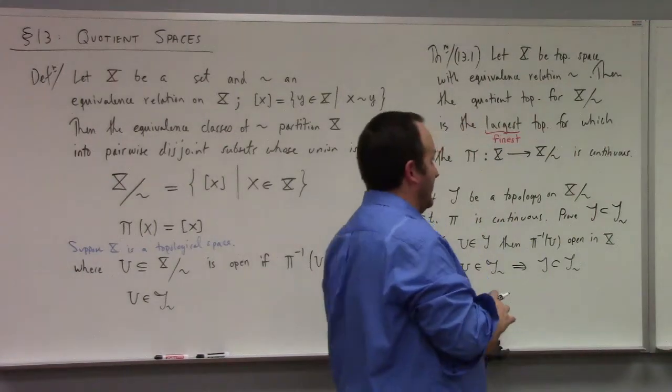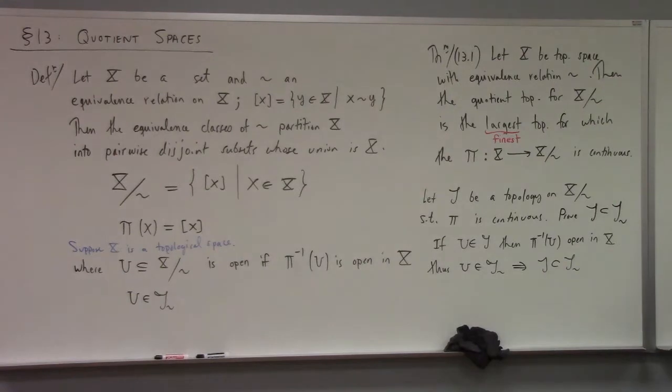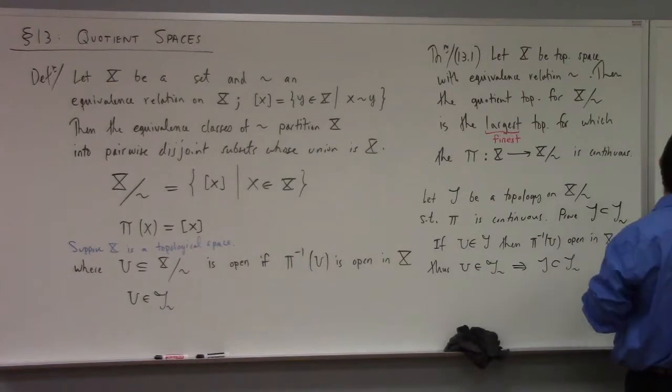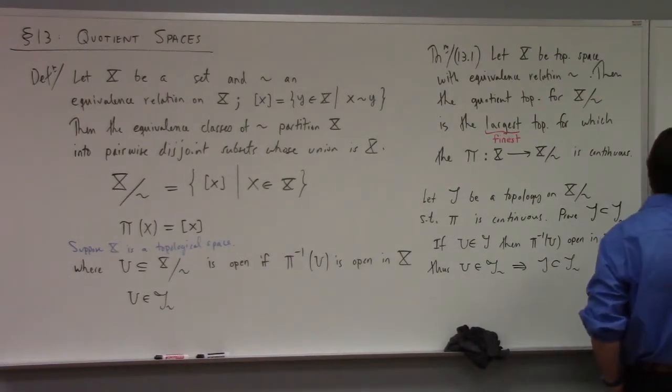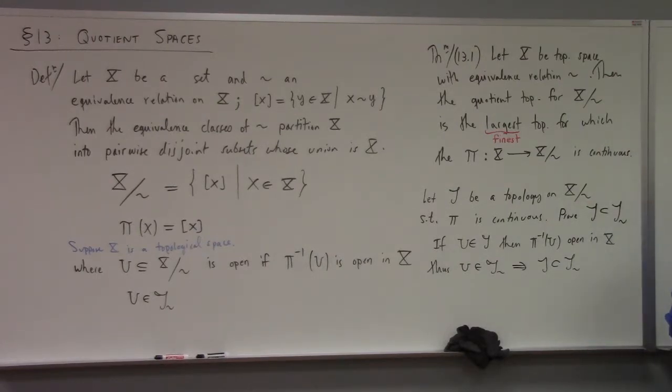Now I think we actually have something to prove. So let's try to prove this. How would we prove this? I guess we'll go this direction. So suppose f from X mod tilde to Y is continuous.